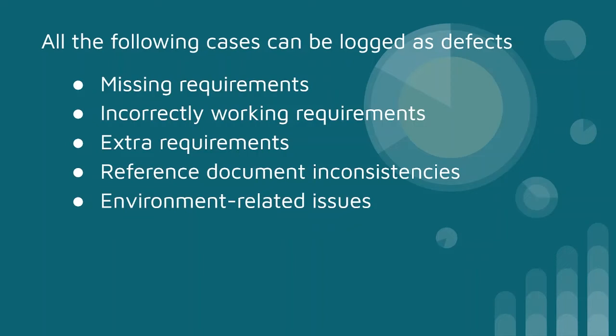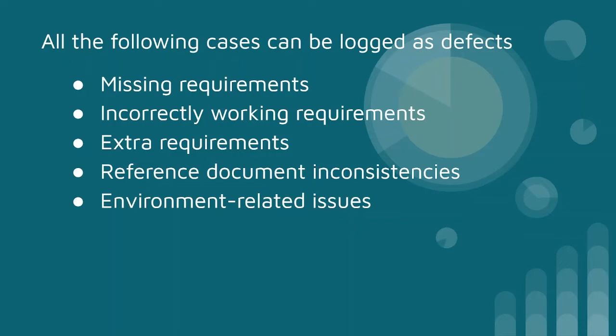Next comes reference document inconsistency. What is it? It means the document that we are referring to for testing does not match the result that we are getting. Those are document-related issues. The final one is environment-related issues. There can be a mismatch between actual and expected output because of a change in environment.